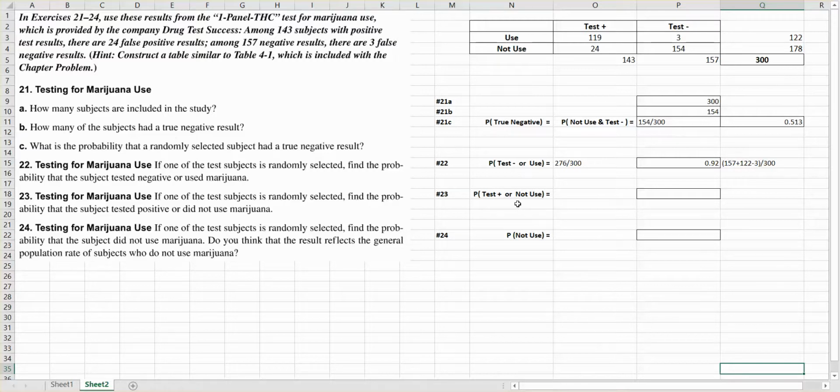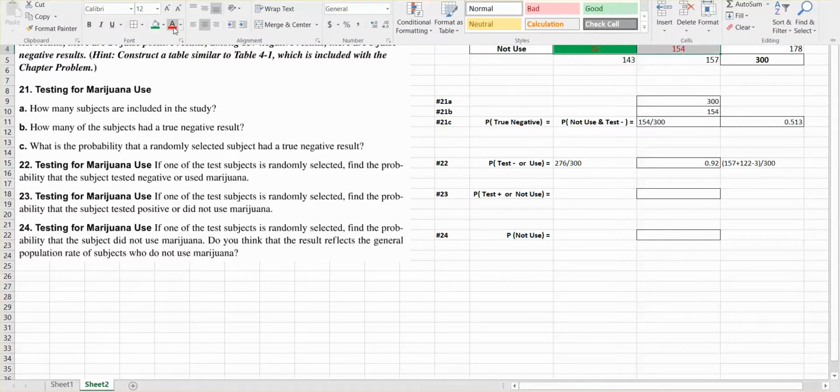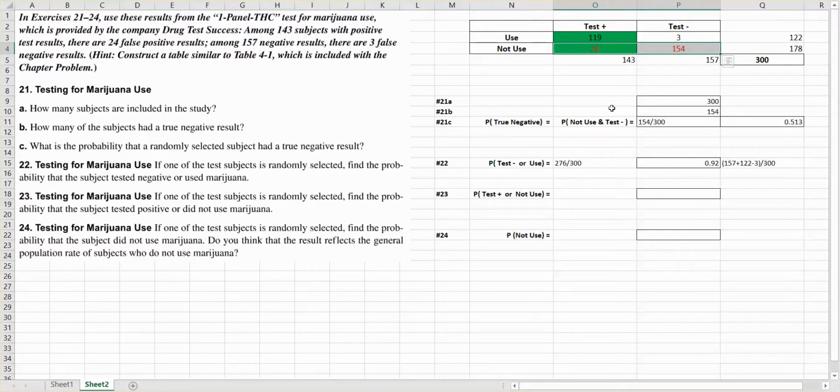And the next one, they ask for what's the probability that you either tested positive or you do not use. So everybody who tested positive, that's in the green there. Everybody that did not use, let's do something a little bit different here. Let's change the font color there. I think I like that better.